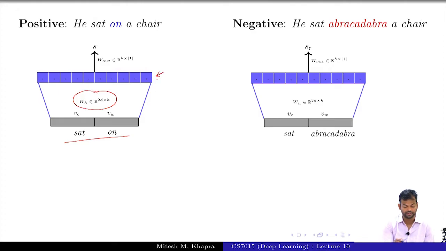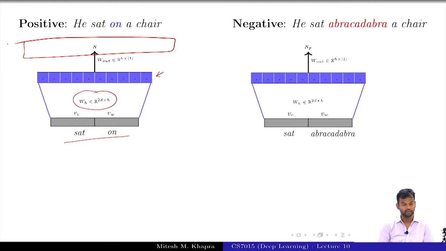Now you have this hidden representation, which is the sum of the two word representations. From here on, instead of doing the softmax computation we had earlier, we just predict a single score, the score for this word pair being a correct word pair. We do the same thing with the random pair. So we take SAT, we take abracadabra, and we add up their word representations. You get this hidden representation, and you get a score SR.